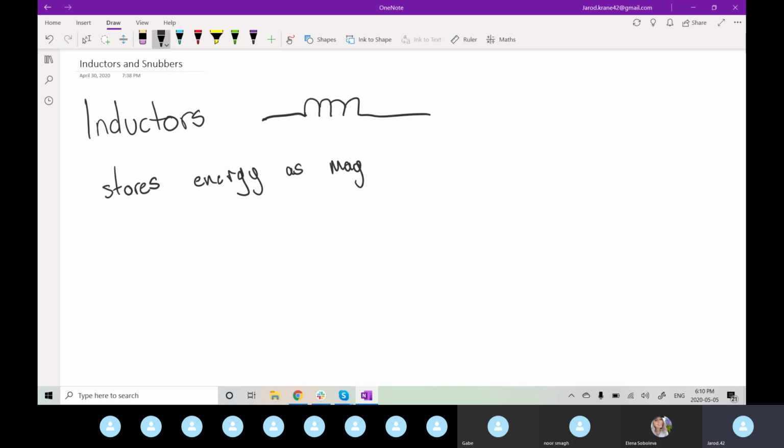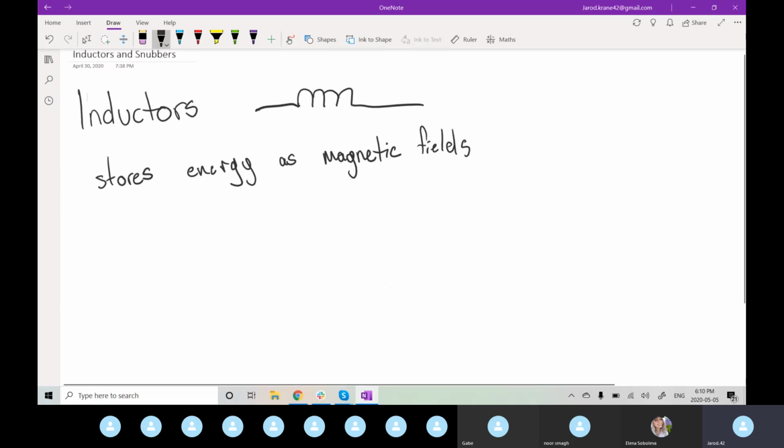Or, yeah, in the form of magnetics. It has an inverse kind of relationship to voltage and current as the capacitor did.